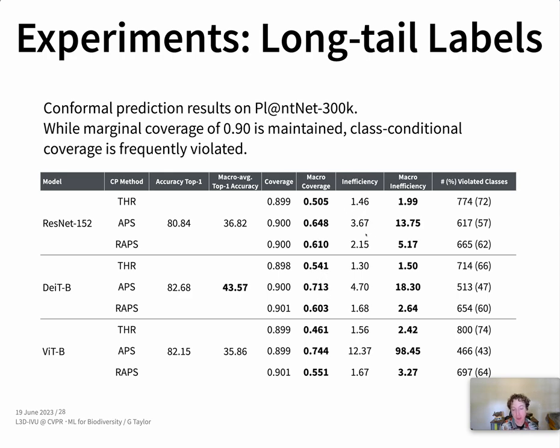We see this with the average set size, also called the inefficiency. Again, at the overall level, when we average across the entire data set, which is dominated by the frequent classes, we do decently well across the different classifiers. But when we look at it at a macro level per class, we see some considerable jumps in terms of the average set size, and it's just horrible for example for the APS classifiers.